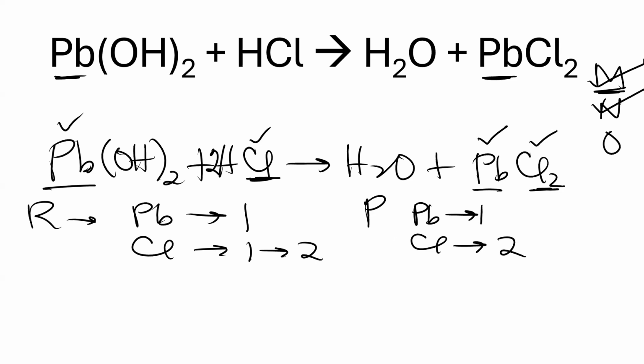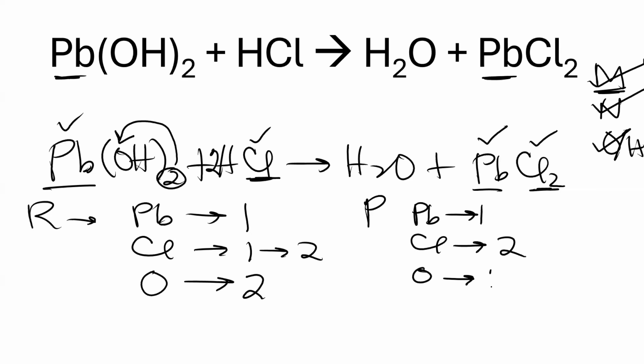Then we balance our oxygen and hydrogen, right? So looking at oxygen first, we have 2 as a subscript of the OH. So that makes 2 atoms of oxygen on the reactant side. And here on the product side, we only have 1.